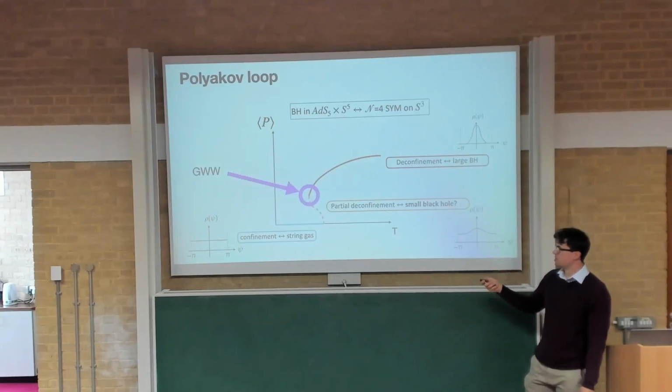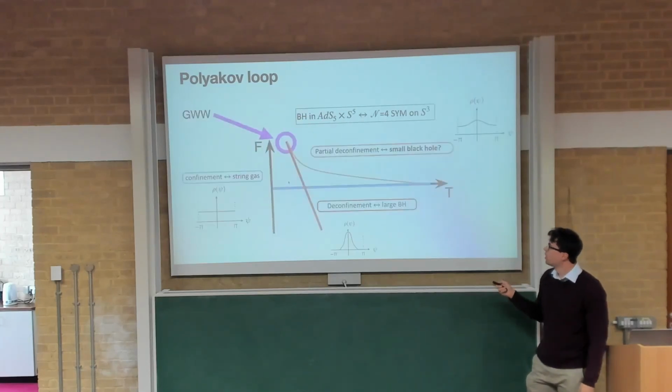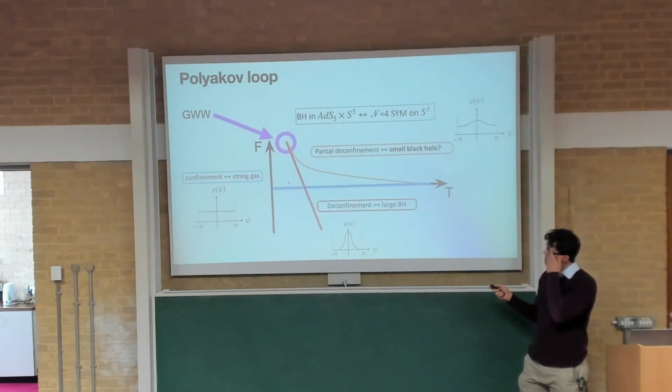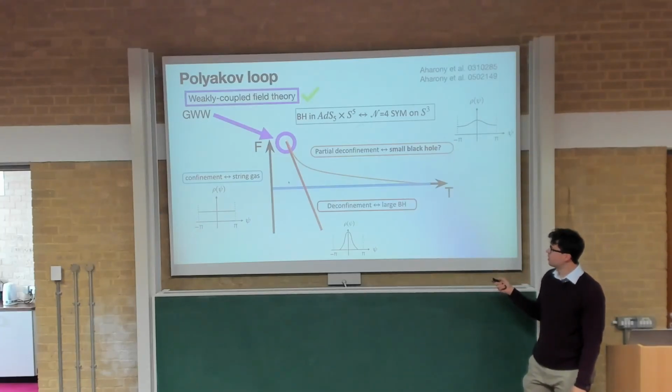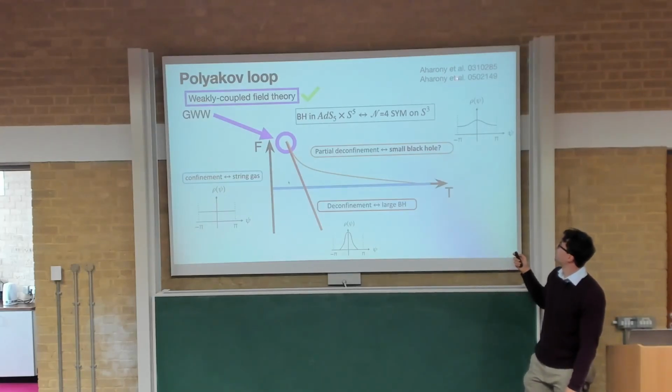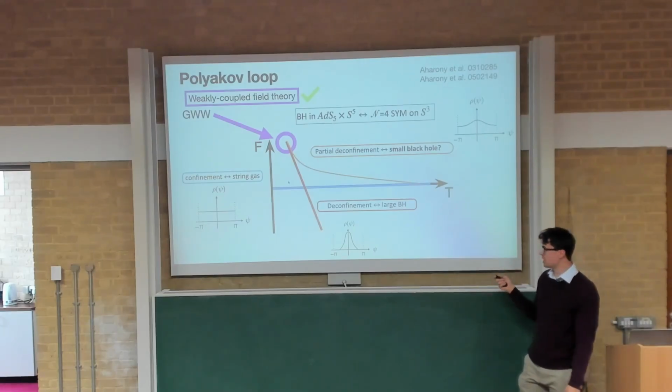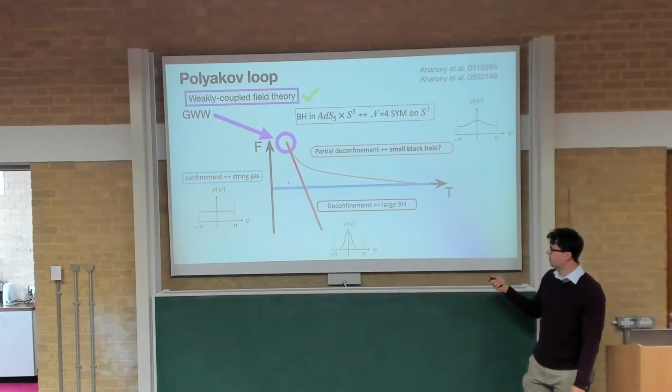In that case, the critical Gross-Witten-Wadia point between these two distributions should occur at this cusp, which is where the specific heat turns from being negative to being positive again. It's the same thing on the free energy diagram, where we would expect the Gross-Witten-Wadia point to be located at this cusp. For the weakly coupled field theory, this was calculated in well-known papers by Aharony and his collaborators, and it maps well with this. The Gross-Witten-Wadia point appears at this cusp.